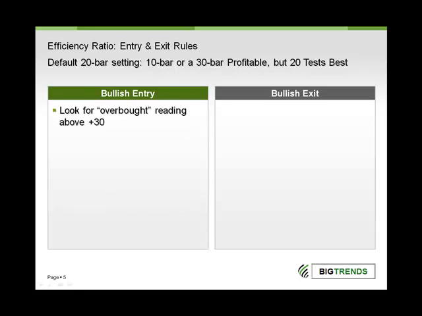So the bullish rules on the entry side, we look for an overbought reading of above 30. Now you remember with %R, we have the extreme levels that we look at, which would be 80 on the bullish side and 20 on the bearish side. Well, with efficiency ratio, the numbers are a little bit easier.